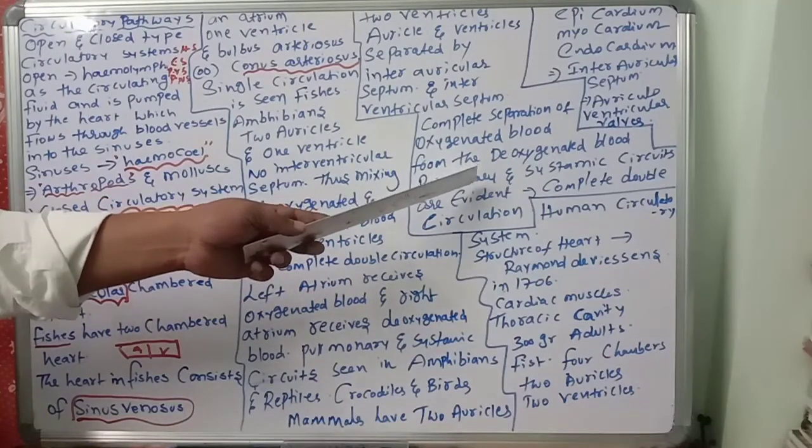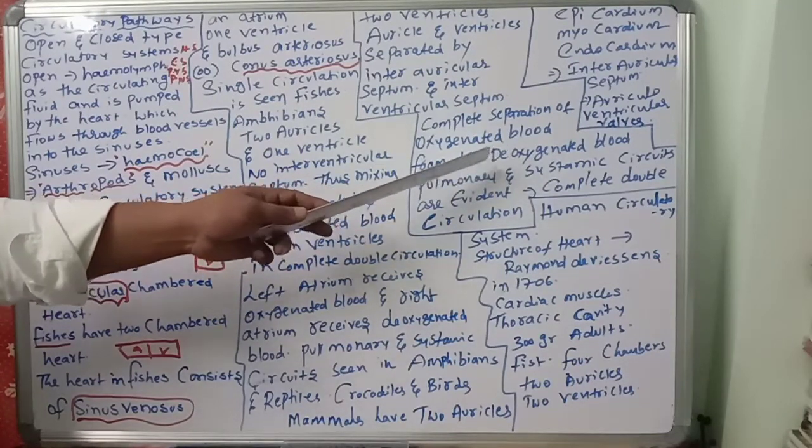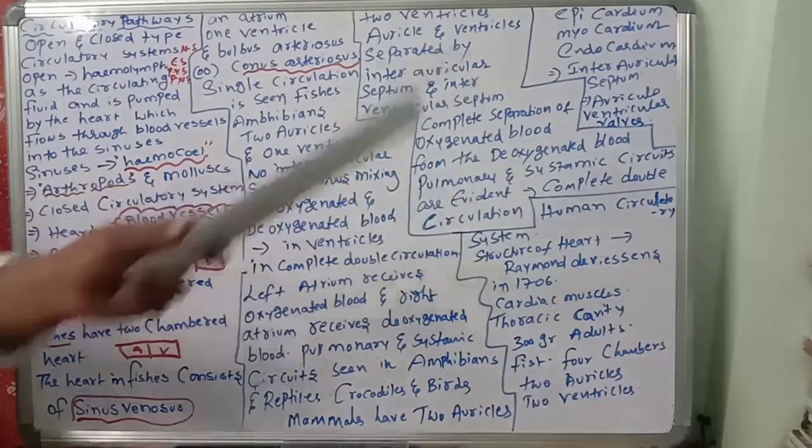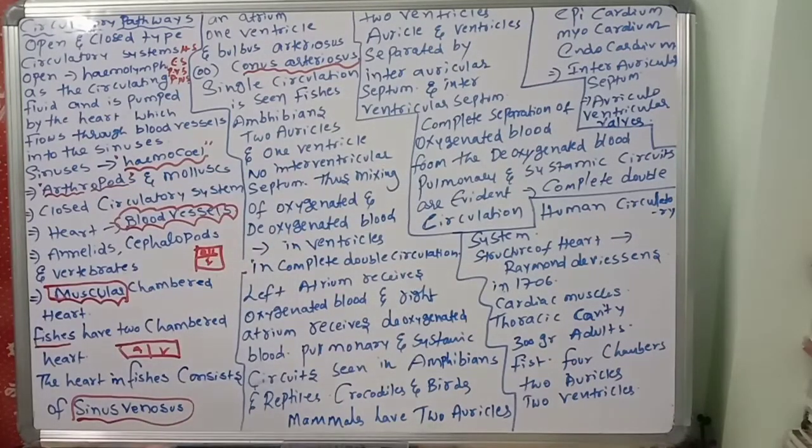Oxygenated blood uses the systemic circuit and deoxygenated blood uses the pulmonary circuit, so two circuits are there. The pulmonary circuit goes from the lungs to the left auricle, then to the body parts, to the right auricle, to the right ventricle, and to the lungs. The systemic circuit goes from the lungs to the left auricle, to the left ventricle, and to the body parts.